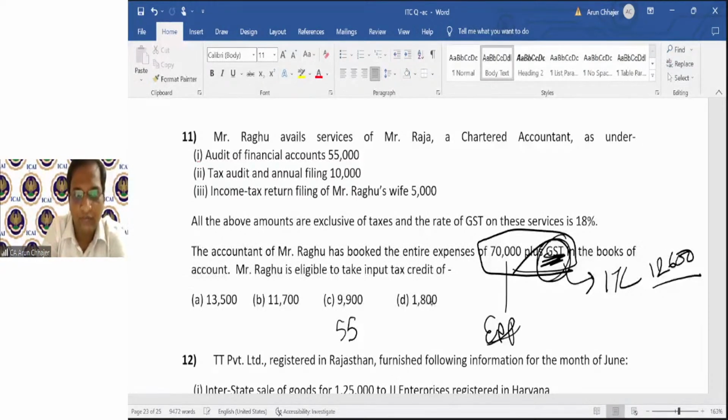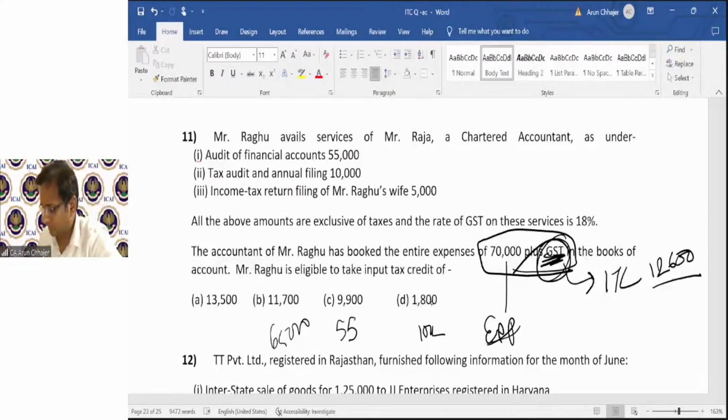If it is only 55,000, if it is only 10,000, if it is 65,000, how 13,500 arrive at? What is the right answer?